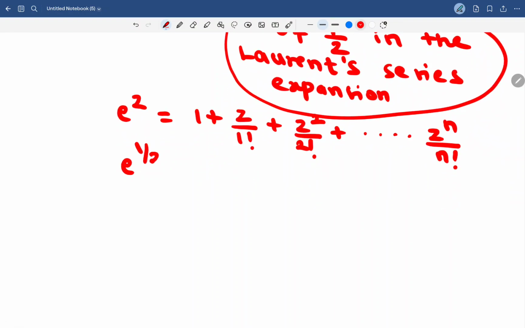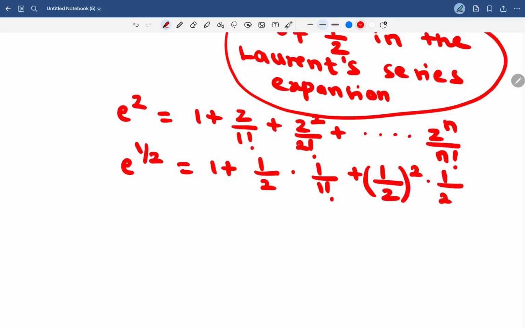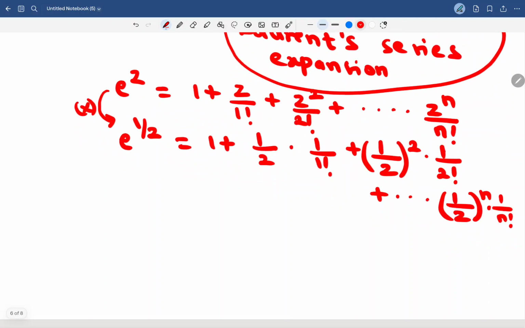What is e power 1 by z? 1 plus 1 by z into 1 by 1 factorial, plus 1 by z the whole square into 1 by 2 factorial, and so on, 1 by z power n into 1 by n factorial. In this problem it is given in the form of e power z into e power 1 by z.